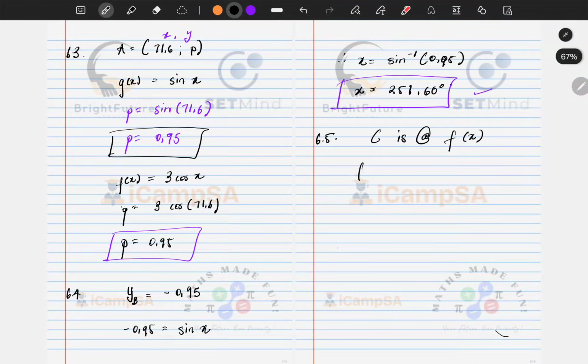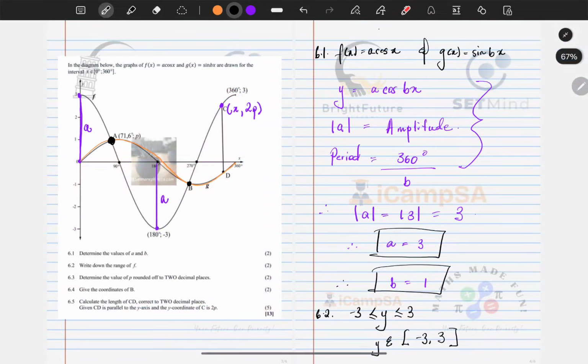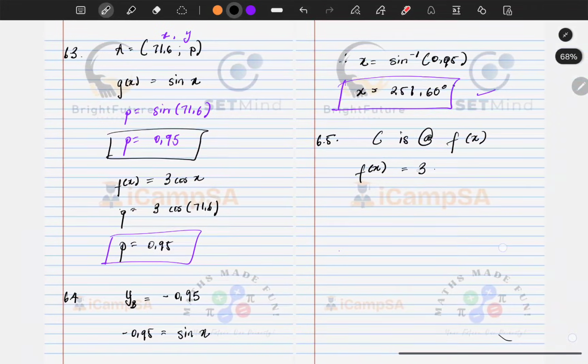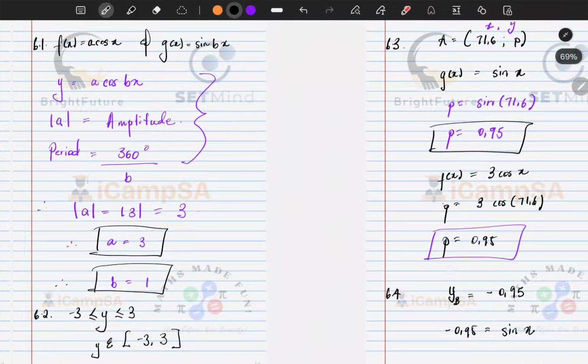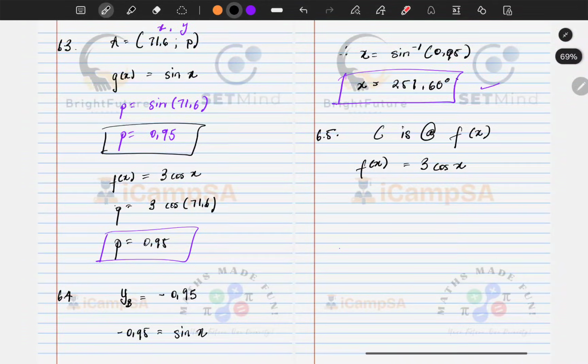And what is f of x? Your f of x is 3 cos of x, right? Already we know that you have C, which is x and 2p, right? So we can just substitute and put 2p is equal to 3 cos of x.